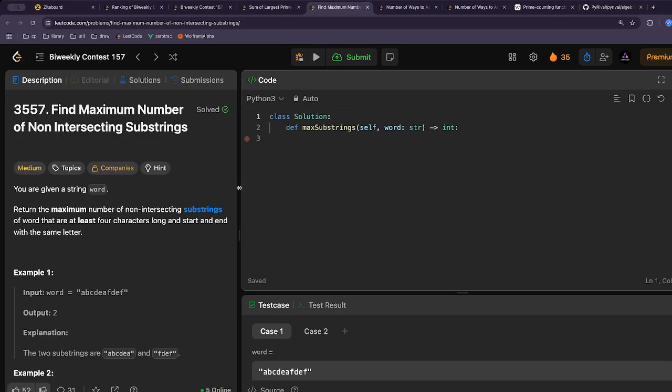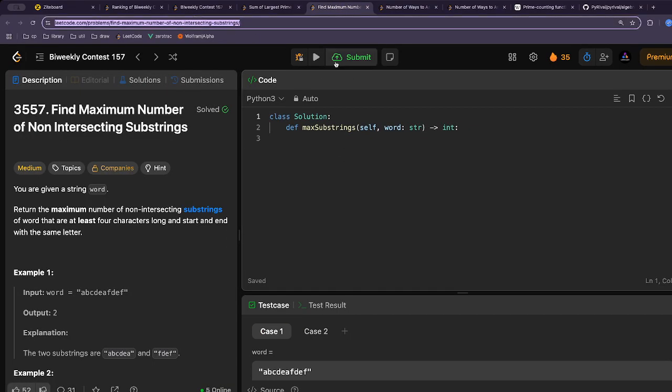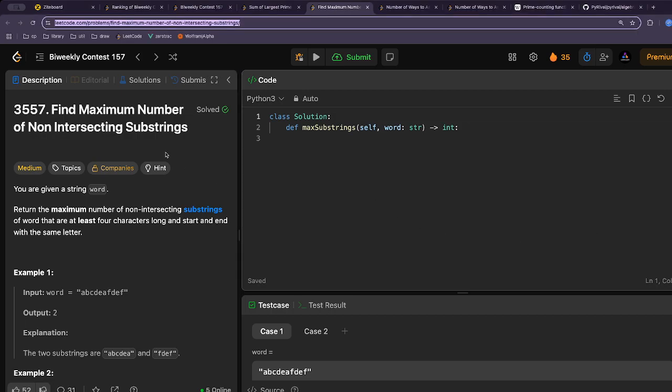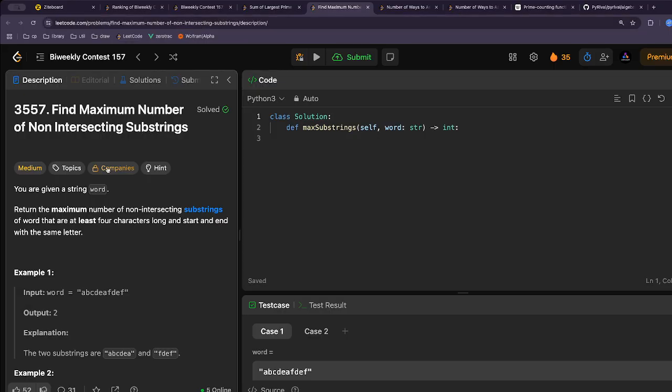Cool. So now let's move on to Q2. Find the maximum number of non-intersecting substrings. You're given a string word, return the maximum number of non-intersecting substrings of word that are at least 4 characters long and start and end with the same letter.